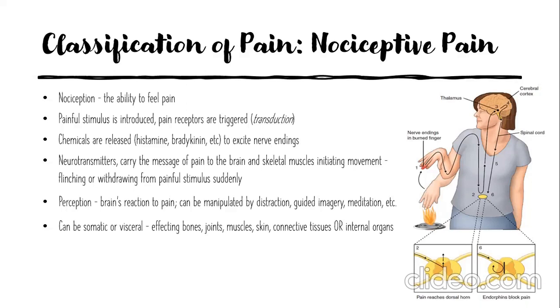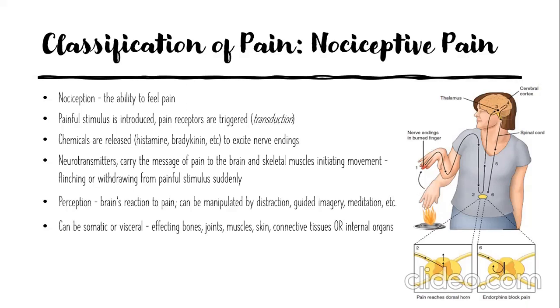What these chemicals do, and again, we will talk about them more next week with inflammation, is they cause vasodilation, which is going to open up the blood vessel and send more fluid and blood to that area. So it results in swelling. They are what bring the signal to your brain to tell you, wow, I'm having pain.